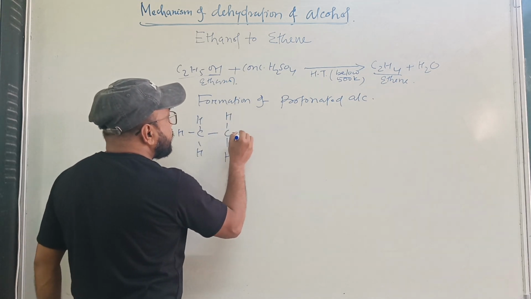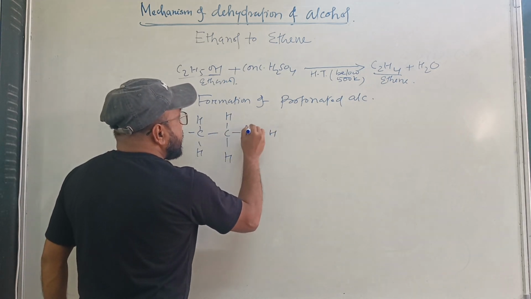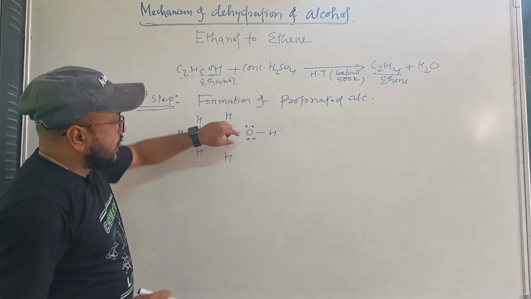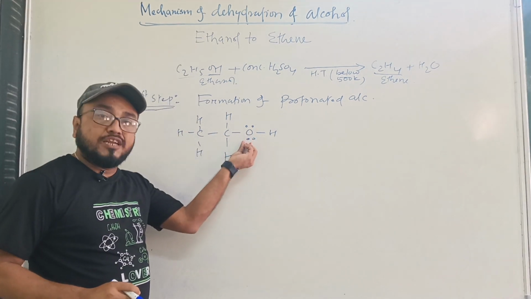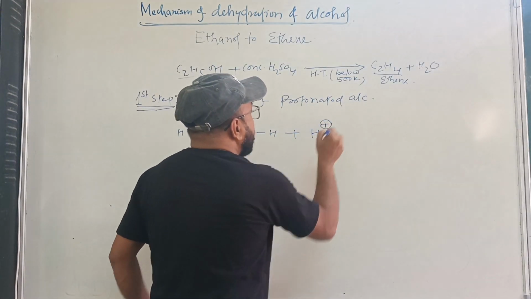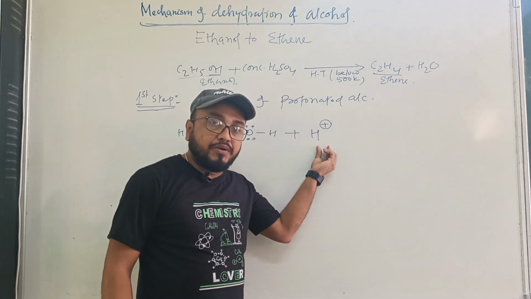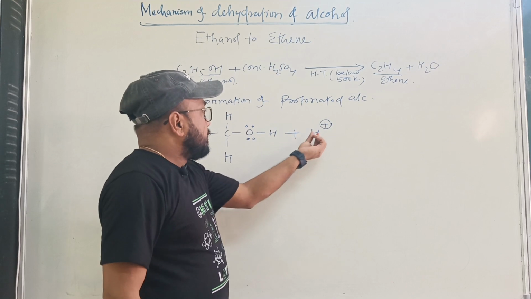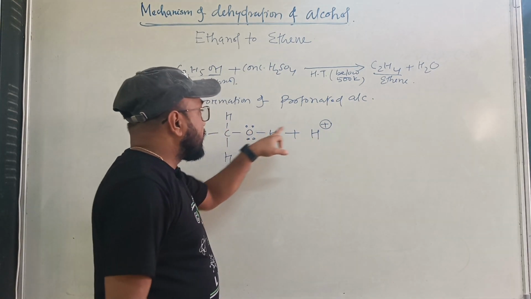It is ethanol, and these are the 2 lone pairs of the oxygen atom. And this is a proton. We know that a proton is an electron-deficient particle. To fulfill this, one pair of electrons is needed.